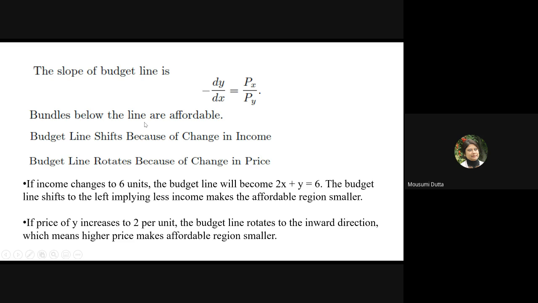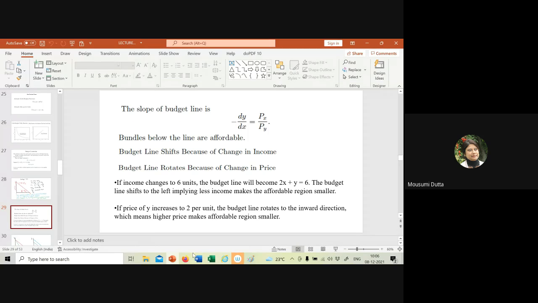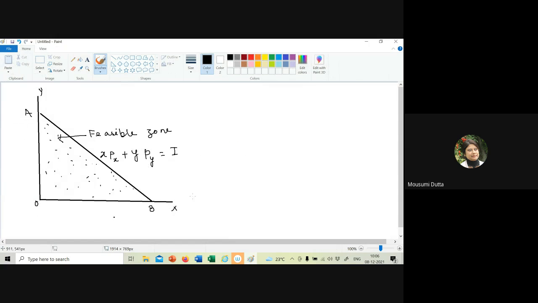Bundles below the budget line are affordable. So we are trying to identify the feasible set of consumption. If AB is the budget line, all the points below the line AB and the points on the budget line AB are feasible consumption points.